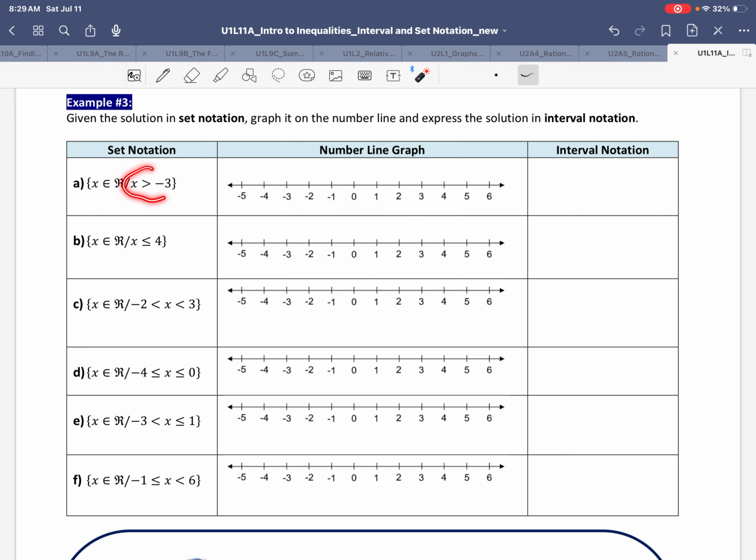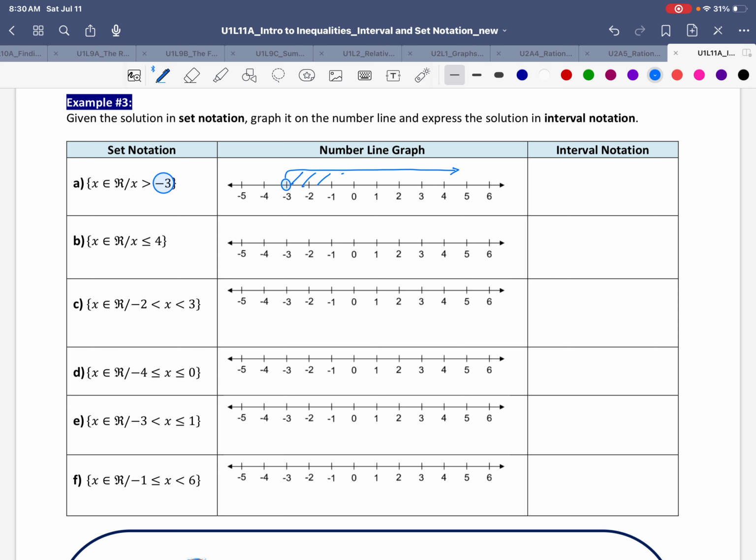So x greater than negative 3. First we're going to start with the number negative 3, and we're going to find it on the number line, and we're going to draw an empty circle. That's because negative 3 is not part of the set. Now, the values of x greater than negative 3 will be to the right of negative 3, so in this direction.